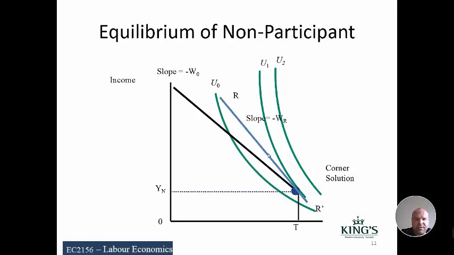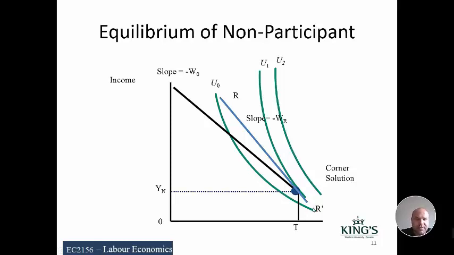And here is their reservation wage. And so here we can clearly see that the market wage, W0, the slope of this line is negative W0. This wage, represented by this line, is less than the reservation wage.